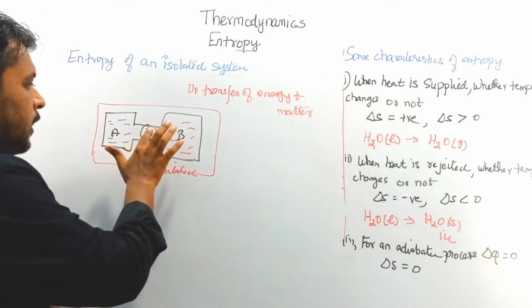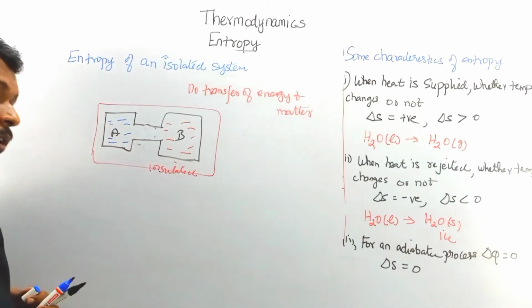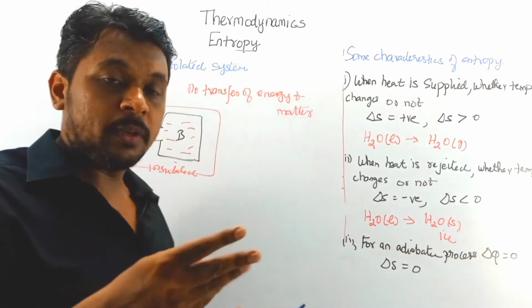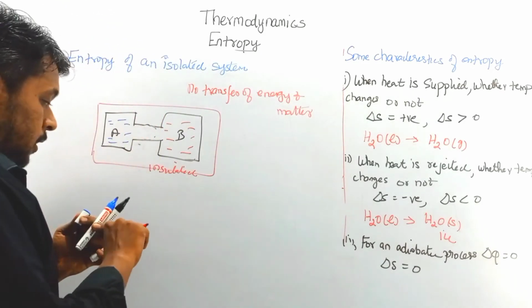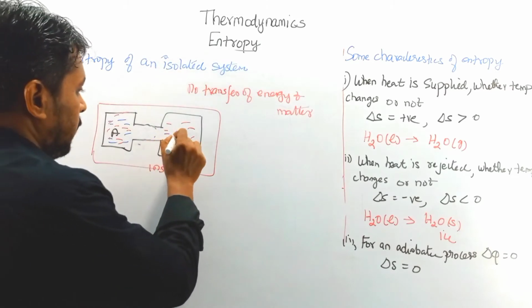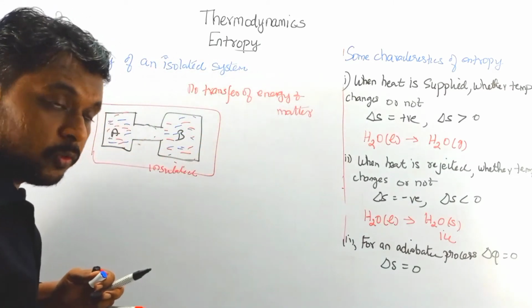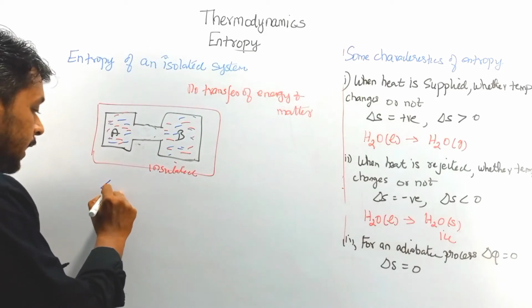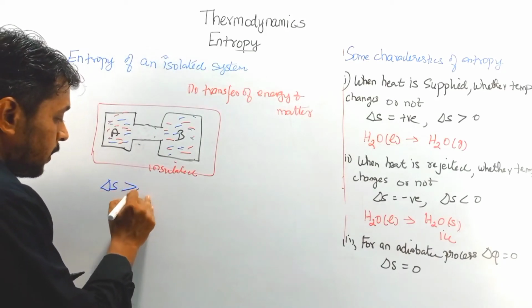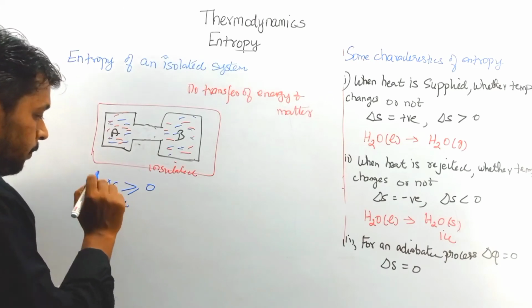Now when I release this wall, what happens? There will be random movement of the molecules. Red will be combined here and blue will be combined in this side. So there will be more randomness of the molecules available here. So the change of entropy will always be greater than or equal to 0 for an isolated system.